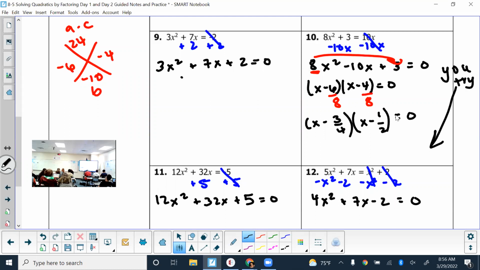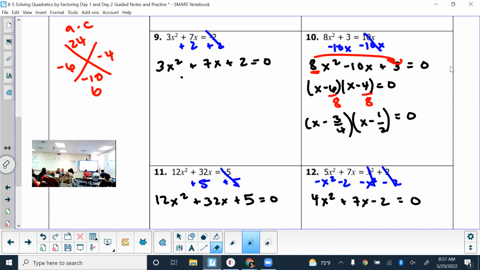All right, and usually you might have noticed this pattern, but once you get to this part, you can kind of see that your final answer is going to be the same numbers, just opposite signs. So 3/4 and 1/2.